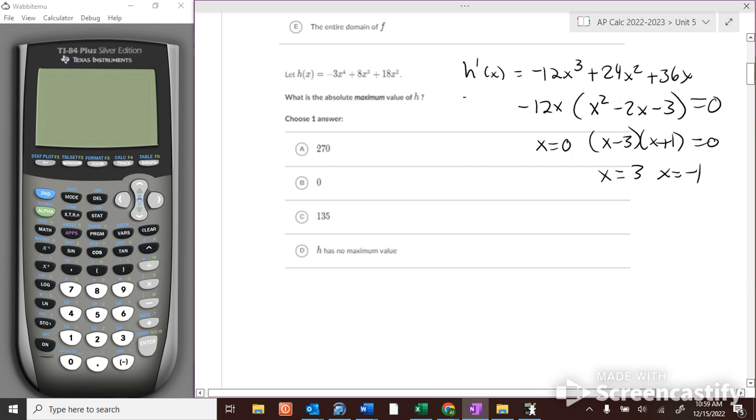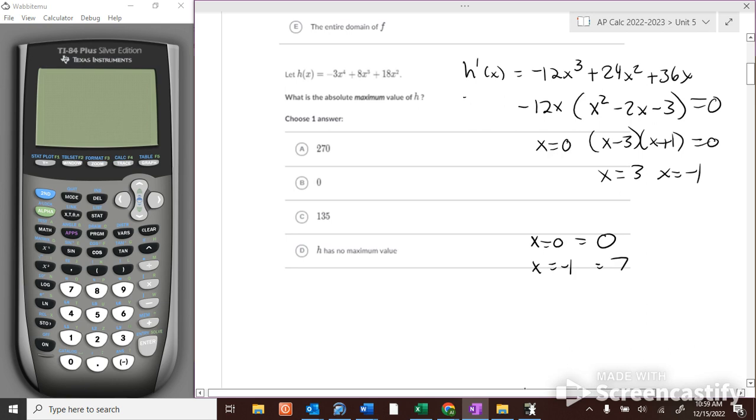If we plug those numbers into the original function, at x equals 0, we get 0. At x equals negative 1, if we stick negative 1 in here, we get negative 3 minus 8 plus 18, so that would be like 7.